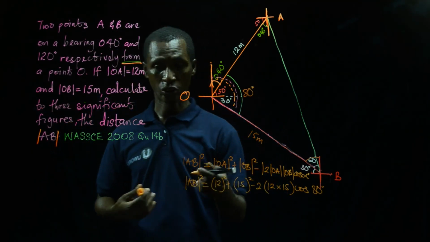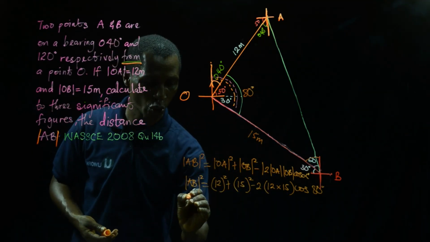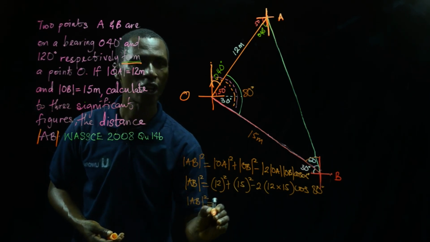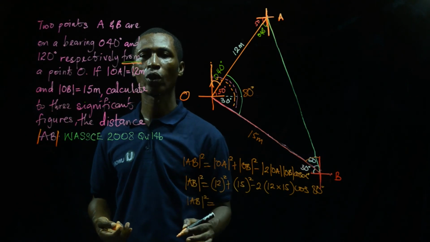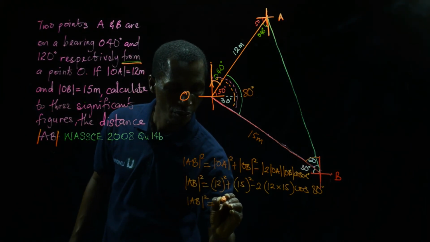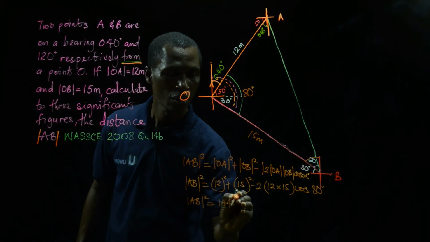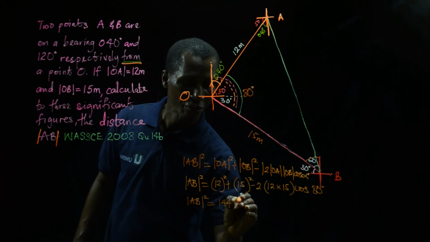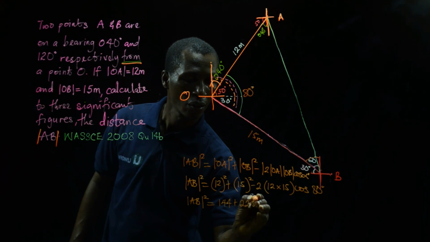You just work it straight so that you get your value. So I'm going to have AB squared. 12 squared will give me 144. 15 squared will give me 225.